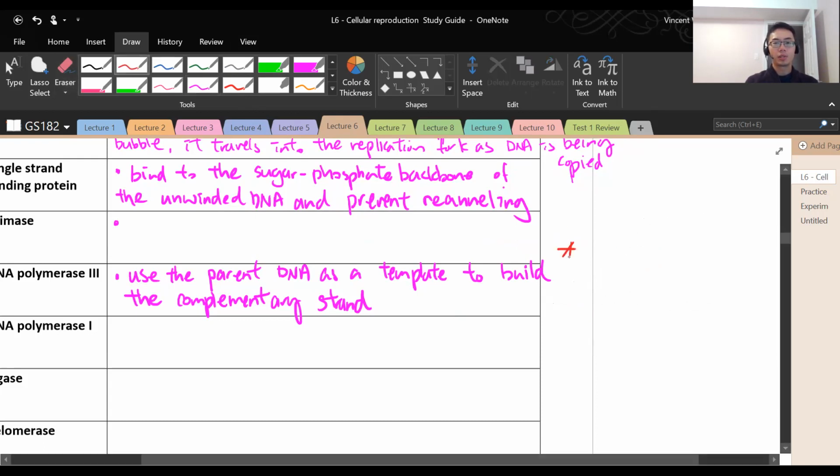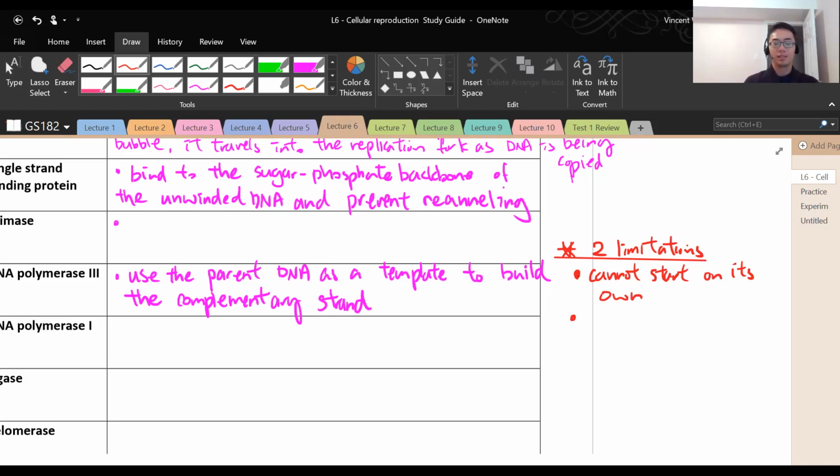Now, it's important to understand there are two limitations for DNA polymerase 3. Number one, it cannot start on its own. It doesn't know where to begin. It's like a grade 3 kid coming home. They don't know how to automatically start doing homework.